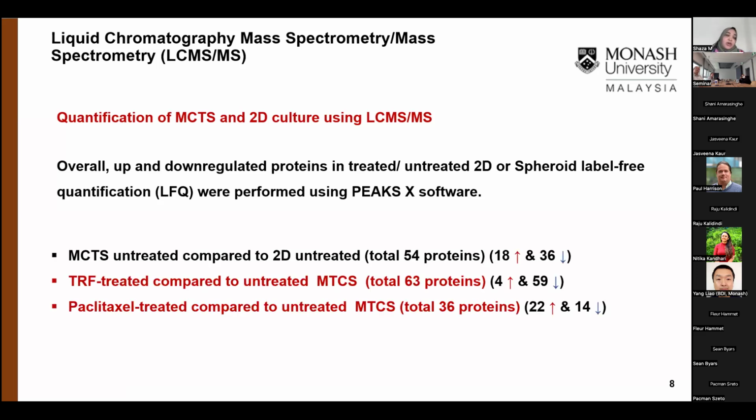In this talk, I'm going to present the differentially regulated proteins detected between 2D and spheroid culture, which were 54 in total, and then between TRF-treated and untreated spheroids, with paclitaxel used as a control.